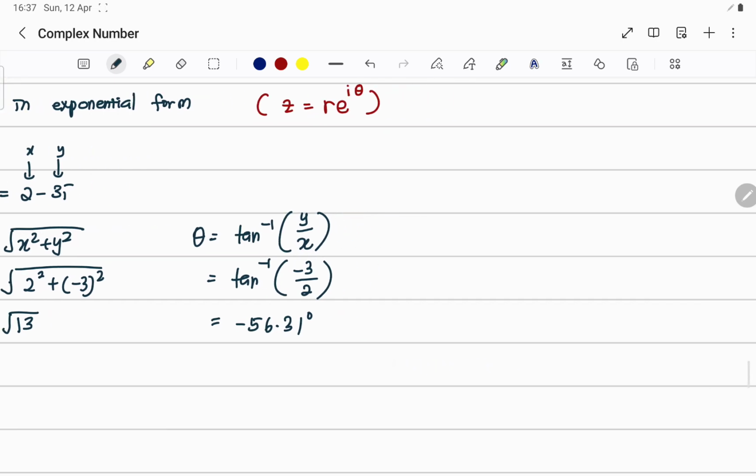The reason why you get negative here is, let's say we draw our x and y in the complex plane. Your x is 2, let's say here is 2, and then y is negative 3, and your point is here. So you have a line from the origin to this point.